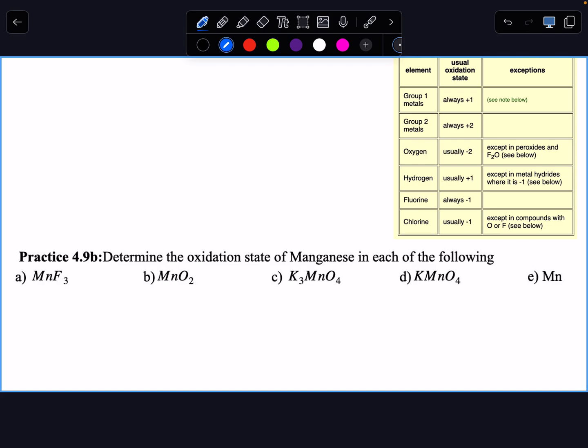How are you randomly? I'm going to pull an element. I got 3, 4, 5, 6.